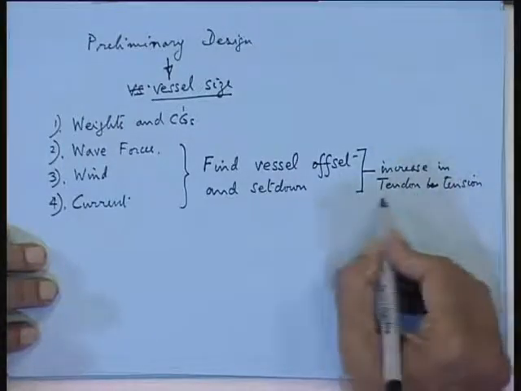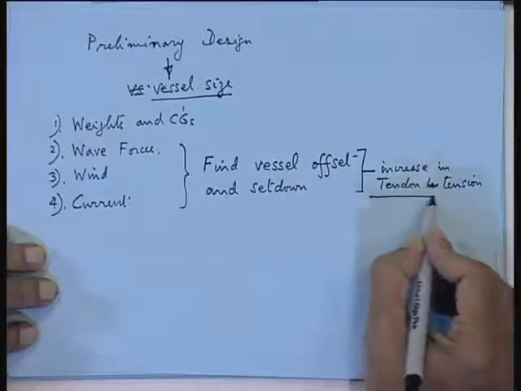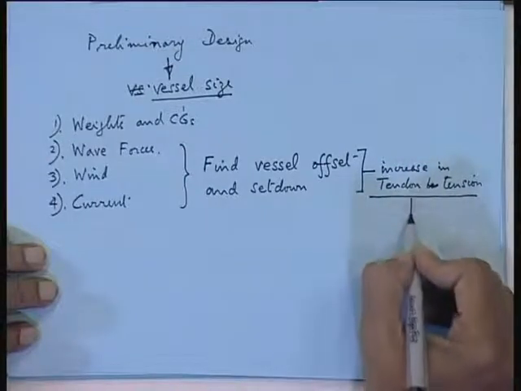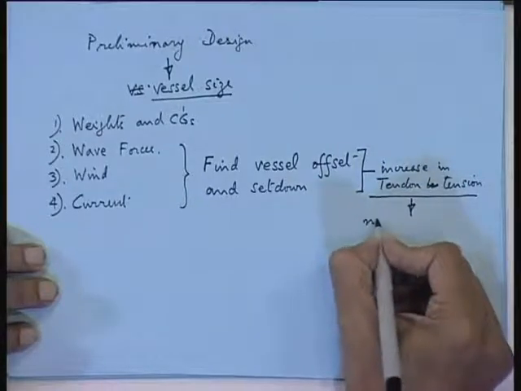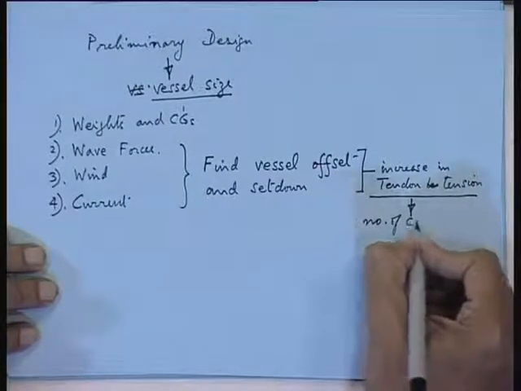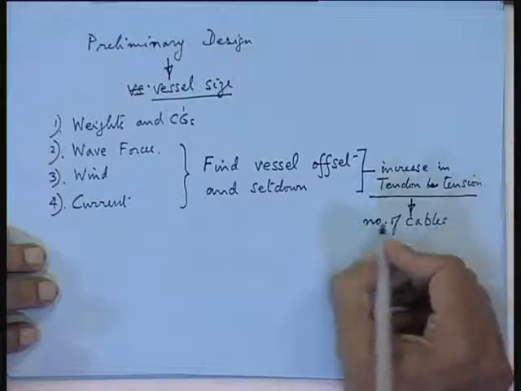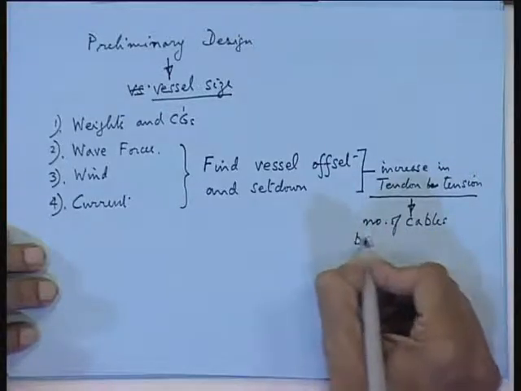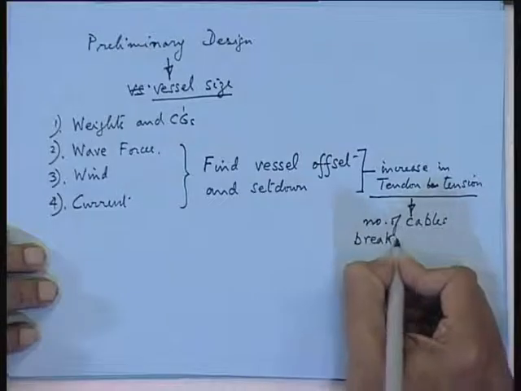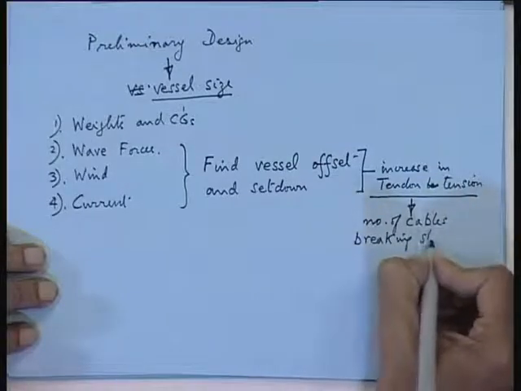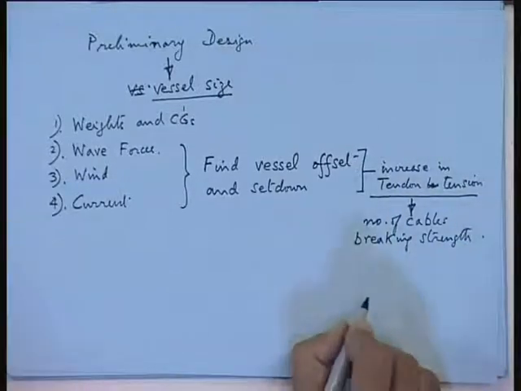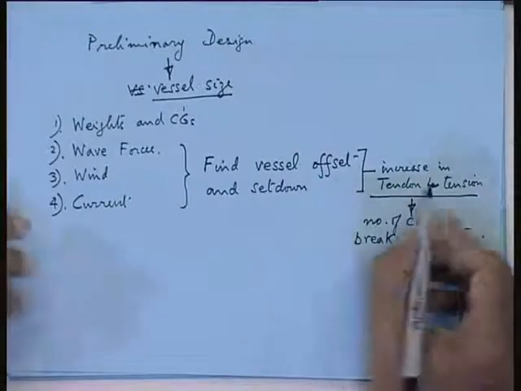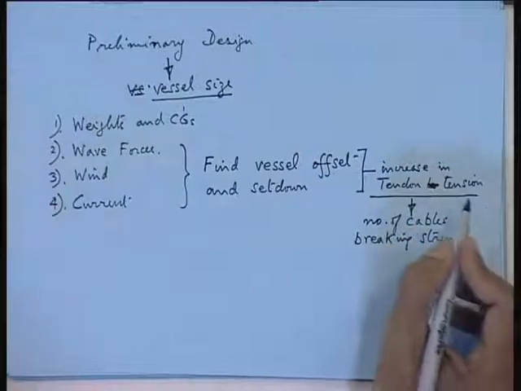So, basically you have to decide the strength of cables, number of cables and breaking strength. These have to be decided. So, tendon tension is very important in case of TLPs.